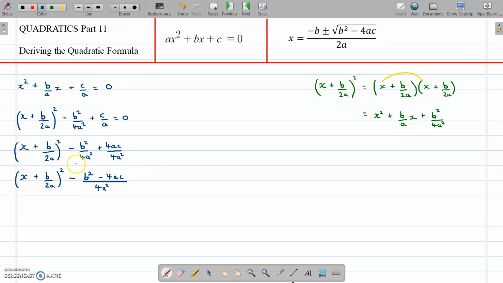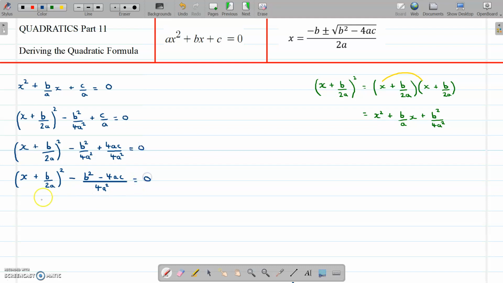Now, because this was minusing that and adding that, it's now minusing that and minusing the negative of that, which gives us a positive, you see. So minus minus is effectively the same as the plus there. So that is necessary and correct. That, of course, equals 0, as does that, because it's still an equation.